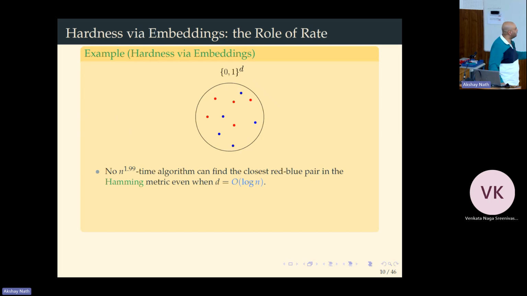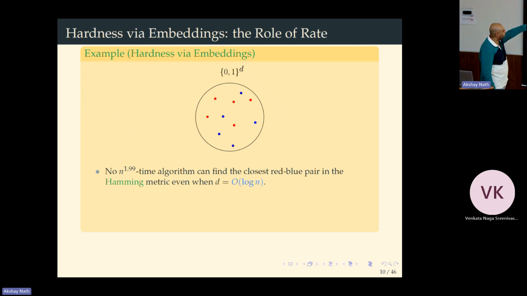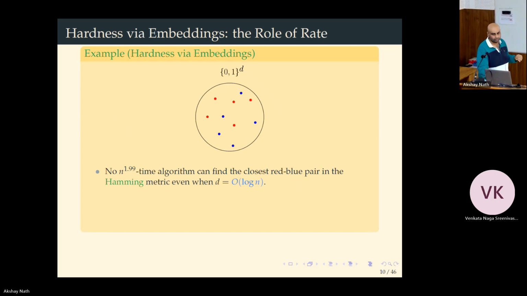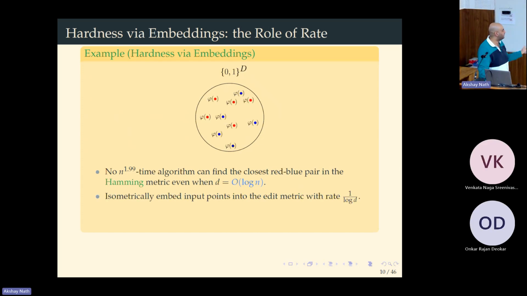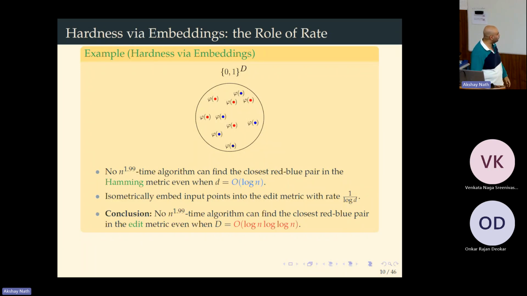We know that there is no algorithm running in time n^1.99, assuming some assumptions like SETH, which can compute the closest red-blue pair when the dimension is order log n. And we know that there's an isometric embedding which blows up by a factor log d, which will be log n. So you get that there is no n^1.99 time algorithm for the closest pair problem in the edit metric when the dimension is log n times log n.